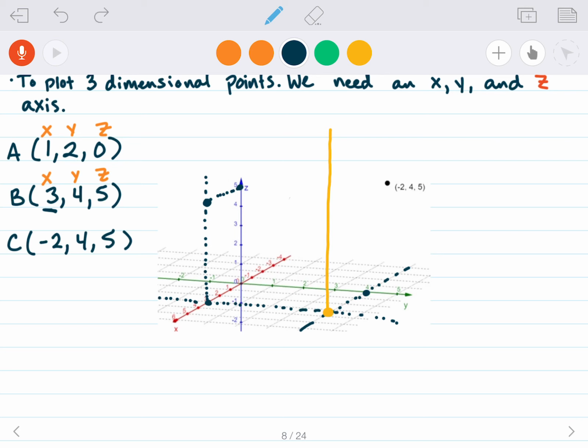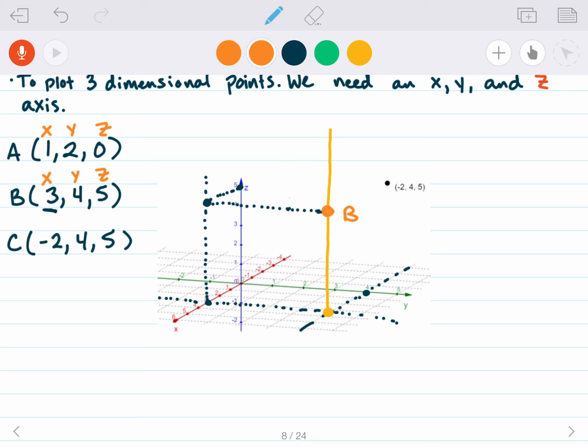And I know it's kind of trippy to look at it like this, but this is the way that you do it by hand. So I'm going to travel over 4 units in the direction of y, and I know it's 4 units because we already projected this thing y equals 4 upwards. And so this is my point right here. This is B.